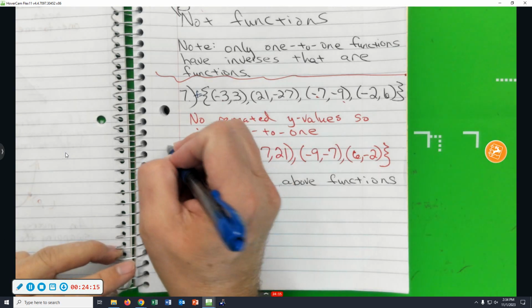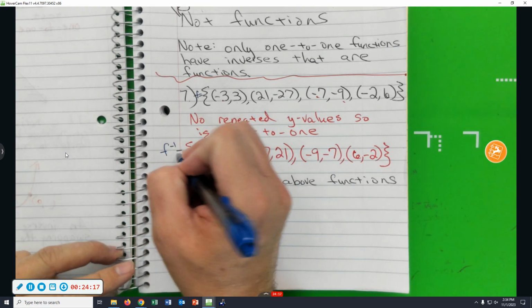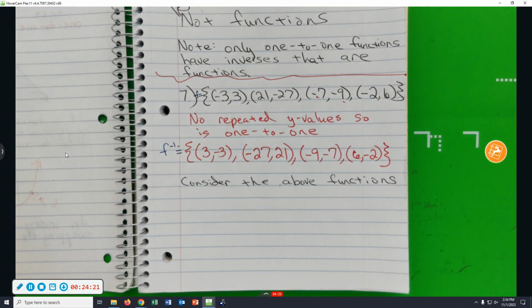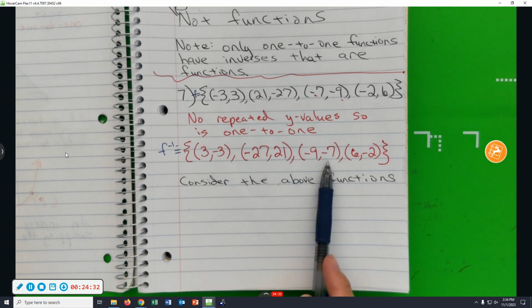I'm going to use that little superscript notation that looks to the naked eye like it's saying F to the -1 power. But when you see a function with that little -1 in the exponent position, that's our algebraic way of saying the inverse. That means the ordered pairs have been reversed.